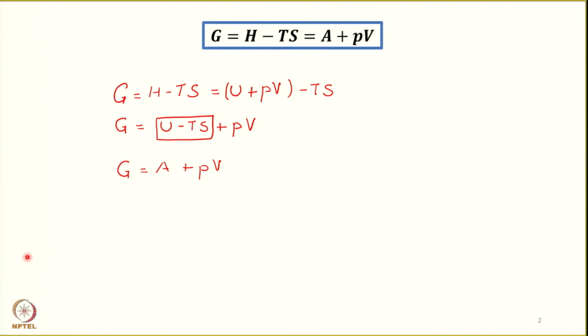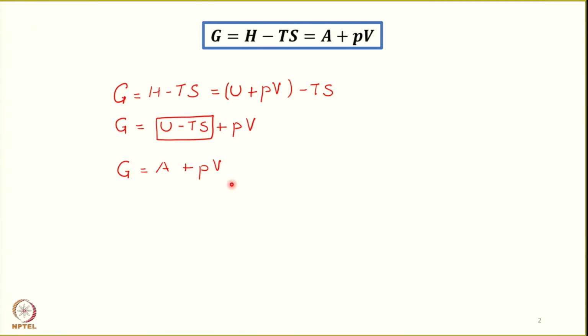Keep in mind that the changes in Gibbs function and the changes in Helmholtz function provide very important information. Revisiting that, the change in Helmholtz function is a measure of maximum work that you can draw from a system, and the change in Gibbs function is a measure of maximum non-pressure volume work that you can draw from a system.